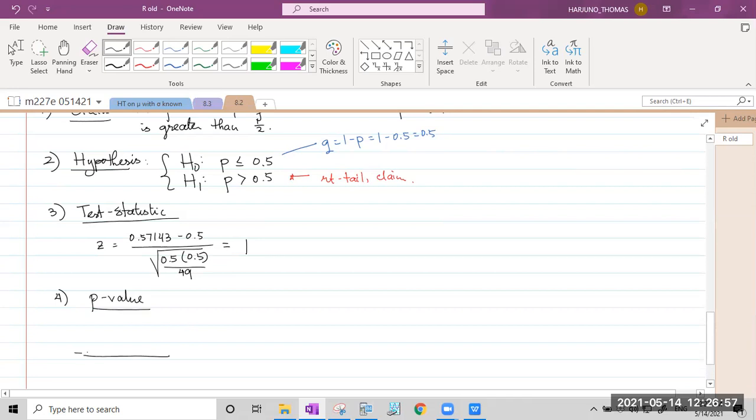The p-value: it's standard normal distribution. I have the test statistic 1, so the area to the right is the p-value. Normal CDF from 1 to E99.